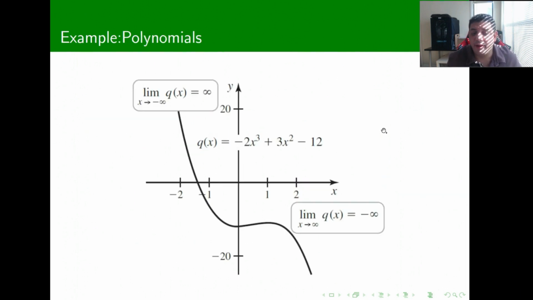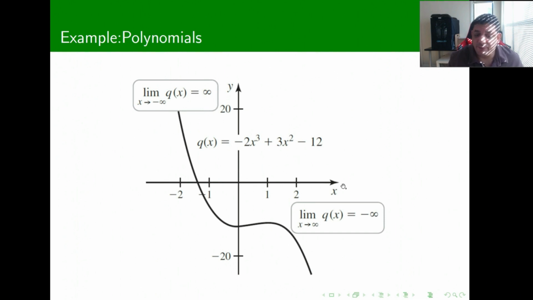Now, an example of this with a more complicated function will be the polynomial. So in a polynomial, you can have a mix of positive and negative numbers together with even and odd powers. And it just is going to depend on each polynomial, the numbers that you're going to be approaching. So for example, in this case, we have minus 2x cubed plus 3x squared minus 12.